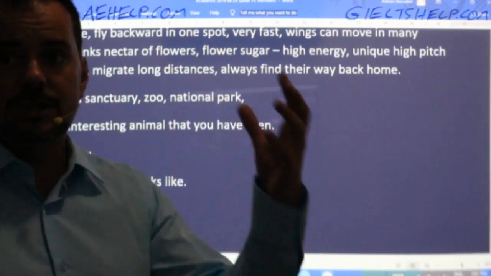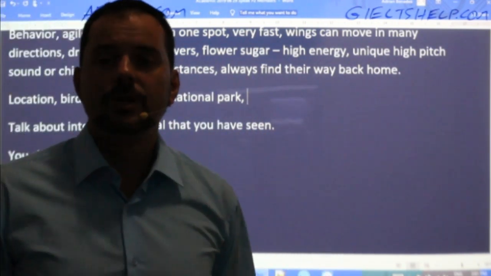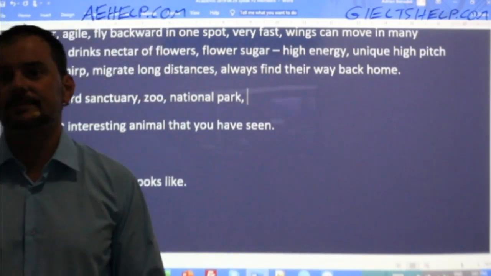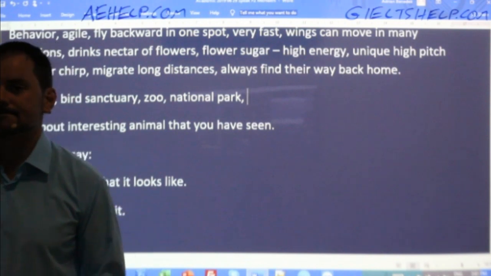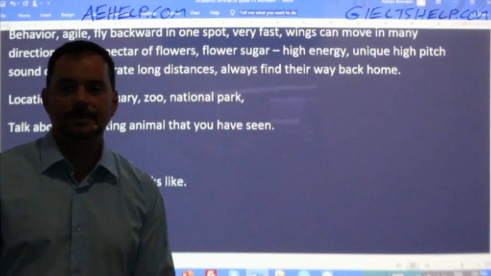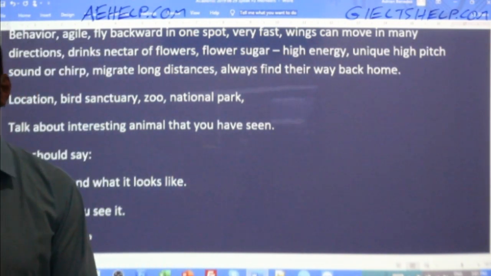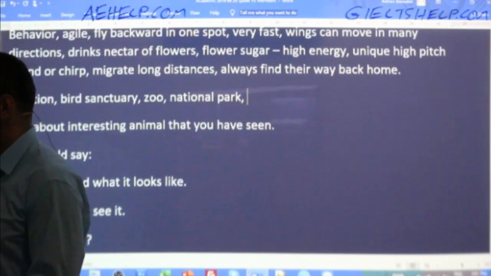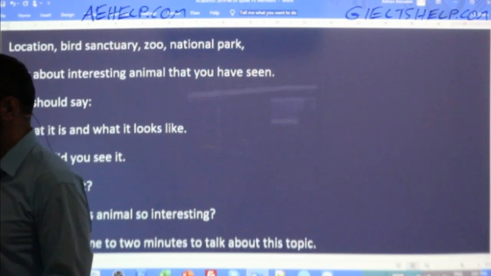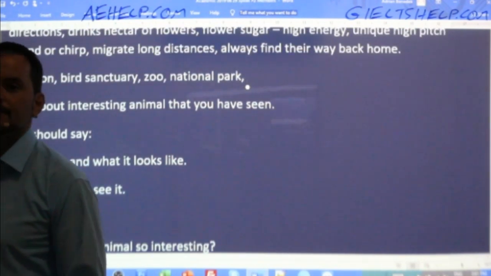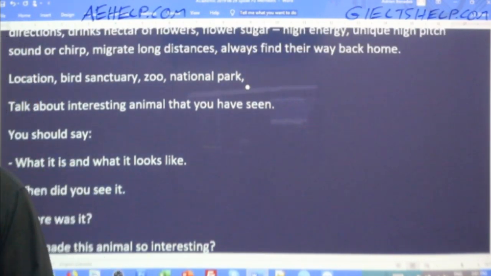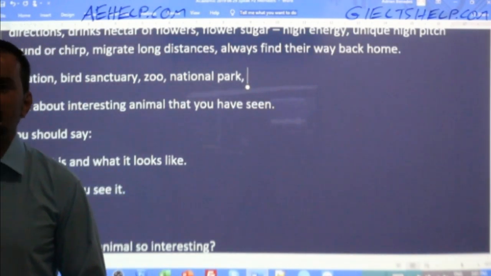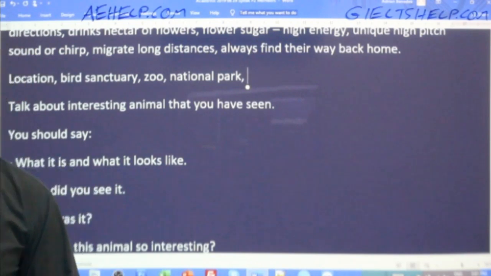So, okay, there's the national park or there's the zoo, but where's the actual hummingbird? Baghdad says in my hometown of Tashkent. Sure, it's possible as well.